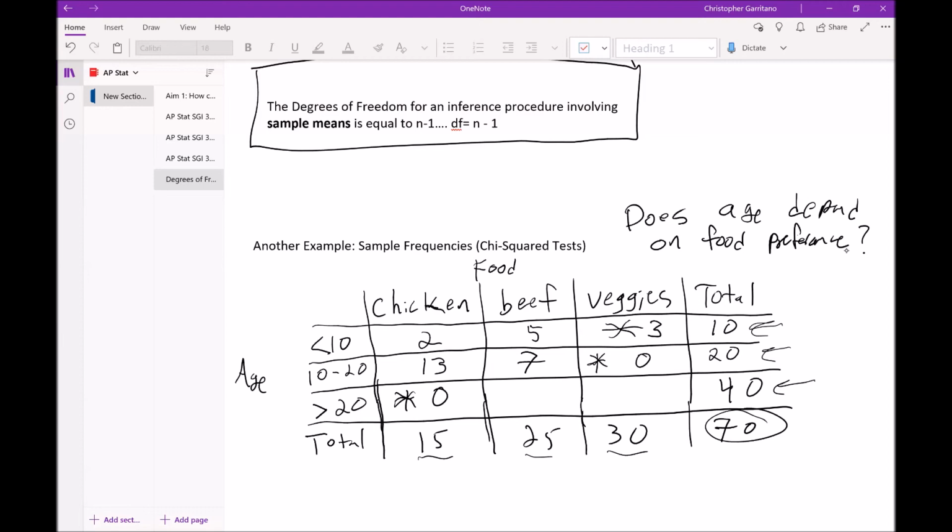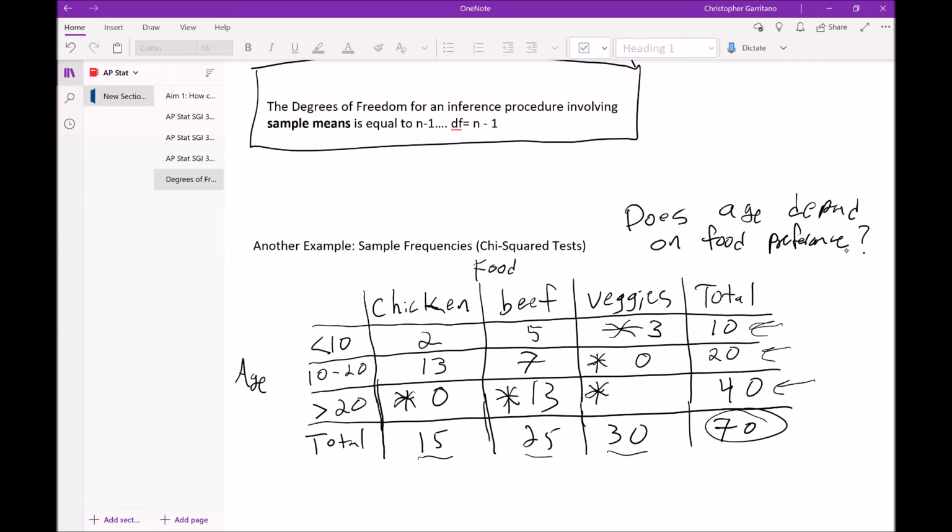However, there are a total of 25 that said it. Again, this choice, not free. 13 greater than 20-year-olds had to have said that they prefer beef. And now this very last cell, once again, I'm locked in.